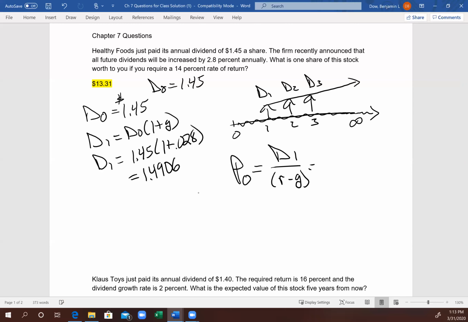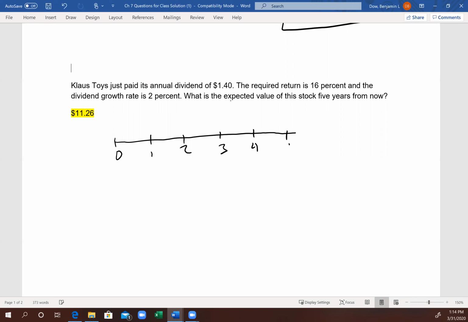It says, hey, what's the expected value of this stock 5 years from now? So if you want to find the value of the stock 5 years from now, you're essentially looking for the price 5 years from today. In order to find the price 5 years from today, you're looking really at the beginning of year 6.